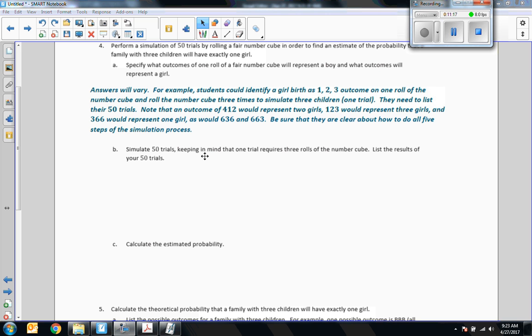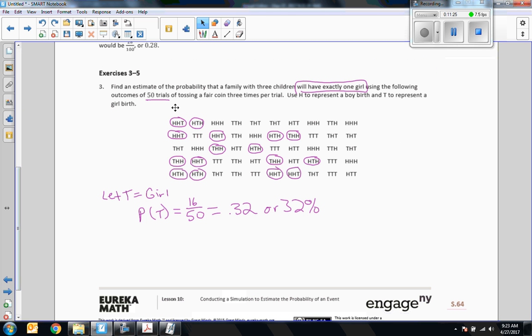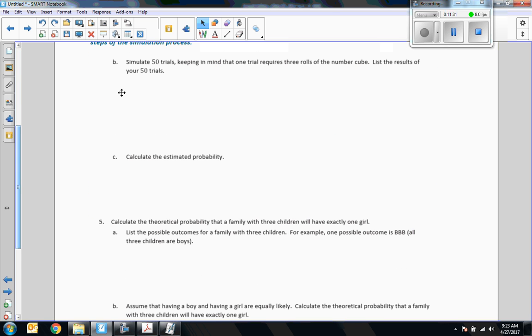You would have to have a die and roll it 150 times, and you would get an outcome similar to this. That's what your trial should look like if you actually did this. Then calculate the estimated probability: however many times that occurred, divided by 50.